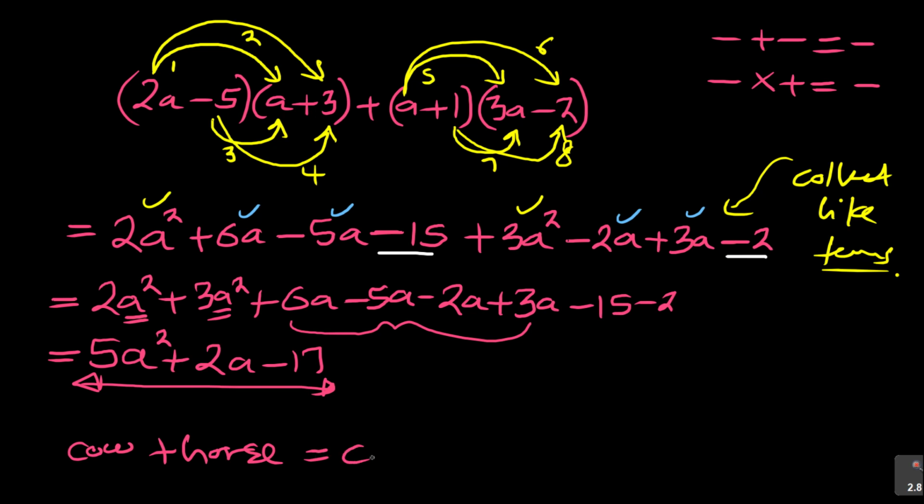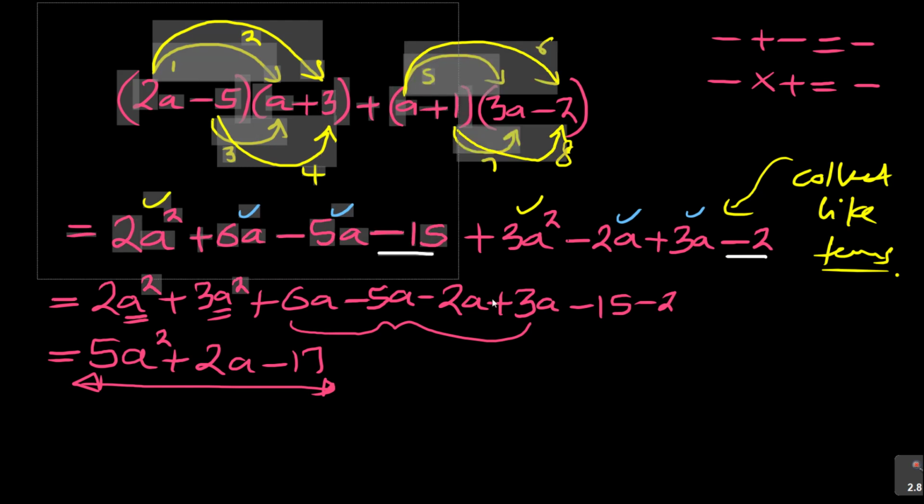It's a cow and a horse. You can't say I got a cow horse. That's not reality. If you're multiplying a cow and a horse, that's where you get funny answers like cow horse. Only when you multiply do you get such. But when you're adding and subtracting, you must only focus on like terms.